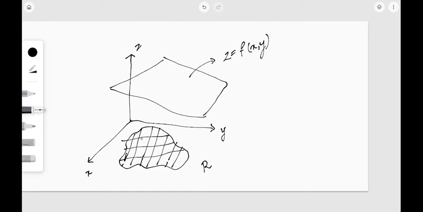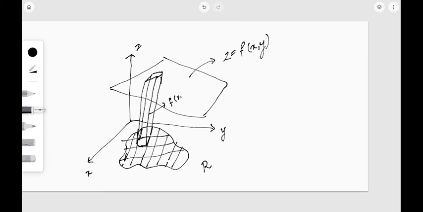So if you see any particular rectangle, just choose this one, then the corresponding image will be a rectangular prism of this form, right? This is the surface. So the height of this prism will be nothing but this value. And what is this?